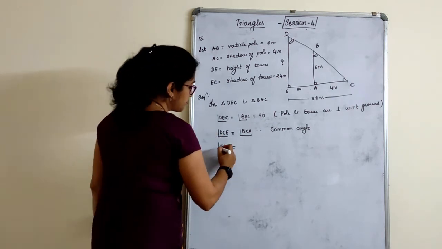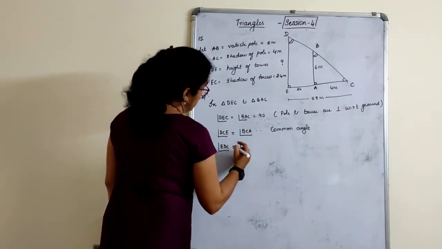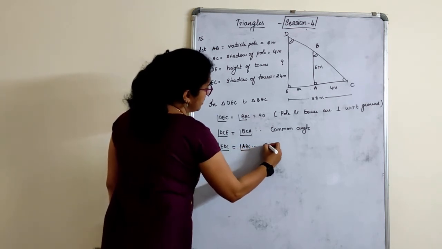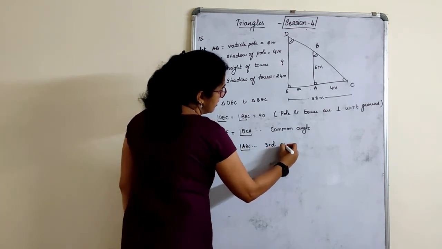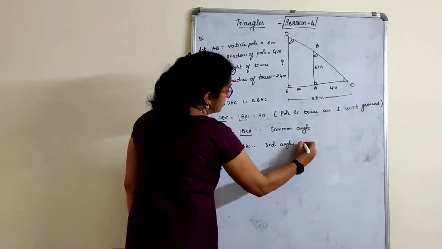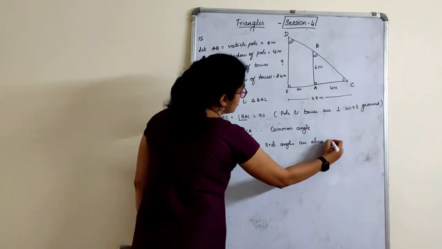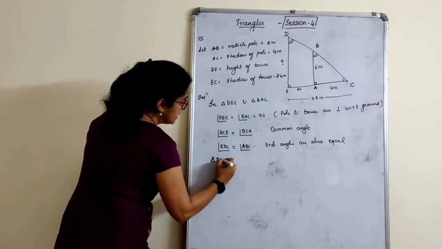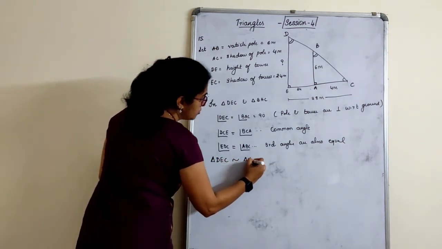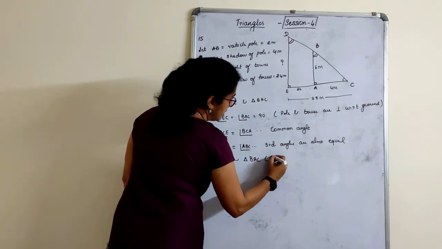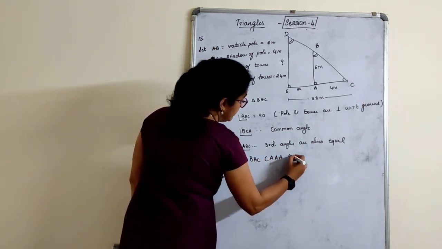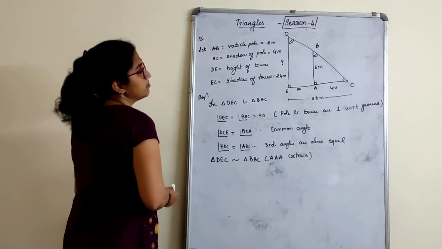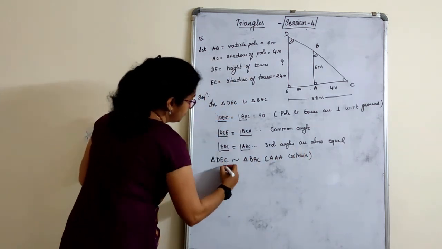Angle EDC is equal to angle ABC. I will simply write that third angles are also equal. Okay. Triangle DEC is similar to triangle BAC by AAA criteria. So AAA criteria done, right?